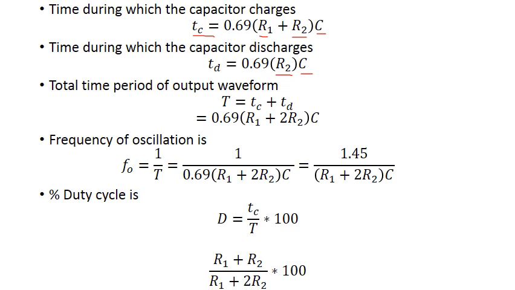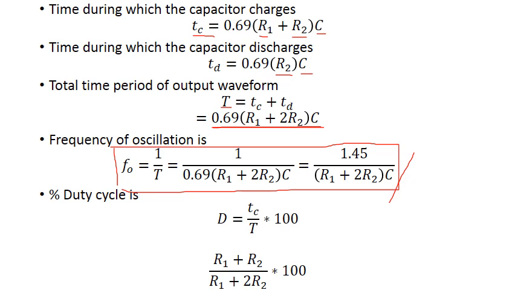So it is 0.69 into (R1 plus R2) into C plus 0.69 into R2 into C. So you get 0.69 into (R1 plus 2R2) into C. Frequency of oscillation, as you all know, F is 1 by T. So 1 by this value will give you 1.45 divided by (R1 plus 2R2) into C. So this is the equation for frequency of oscillation.